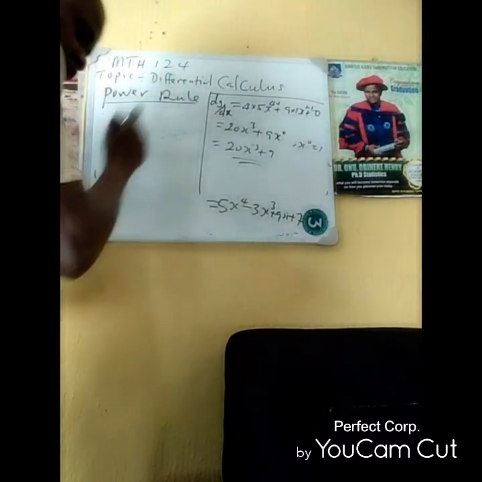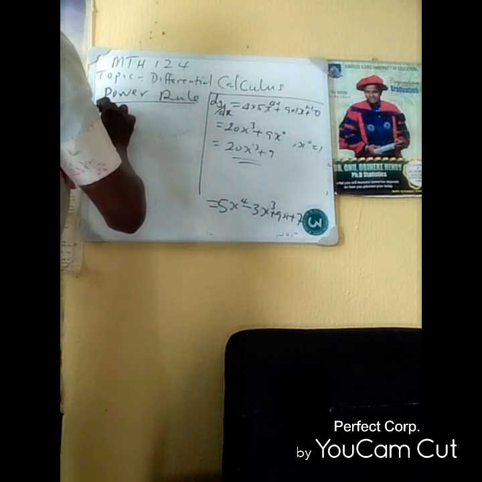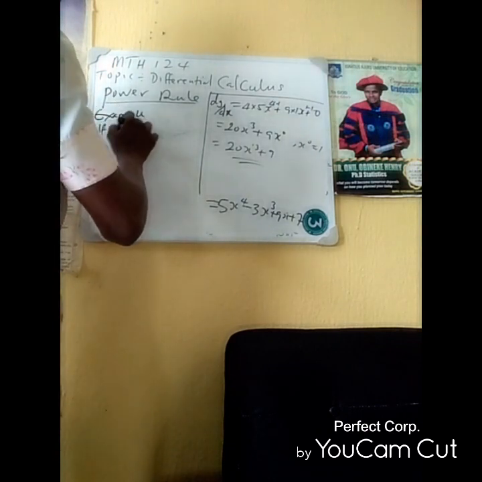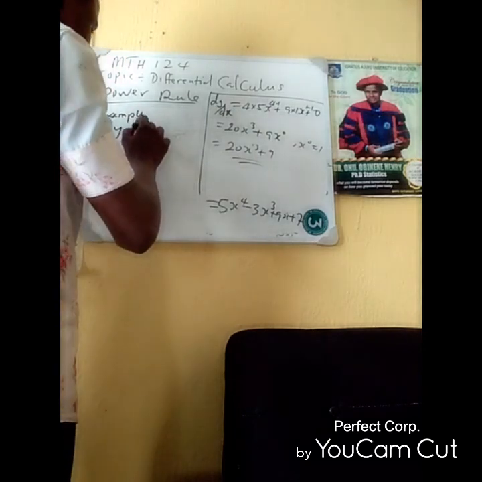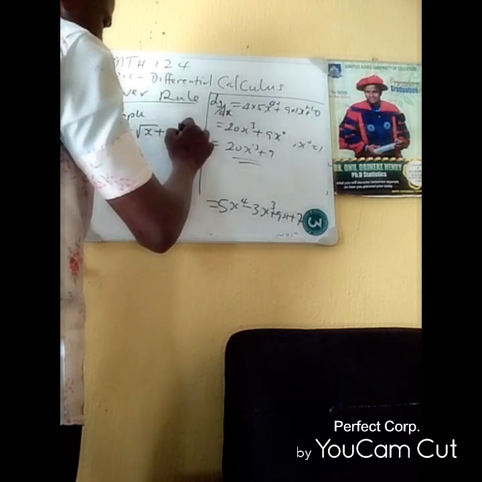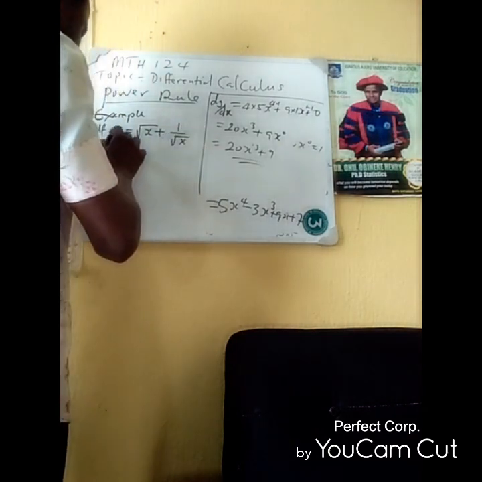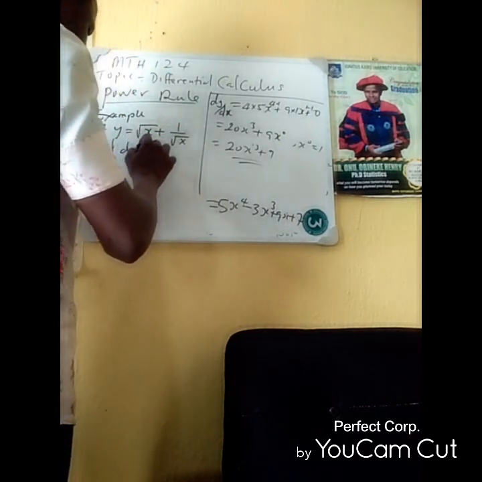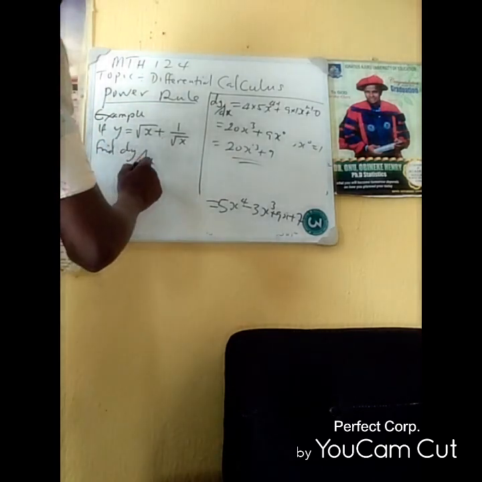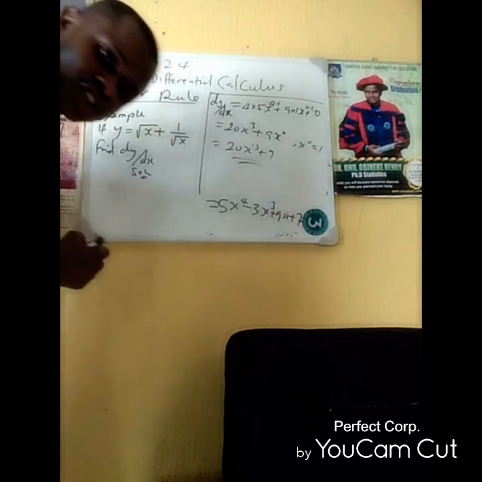That example says: if y equals square root of x plus 1 over square root of x, find dy over dx. Solution: rearrange this.